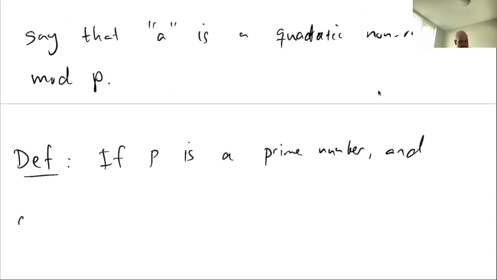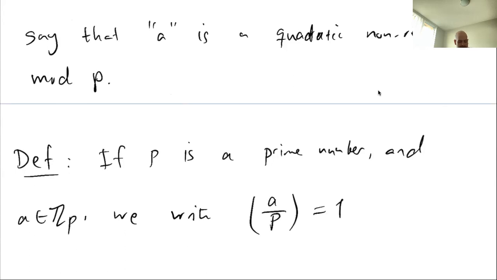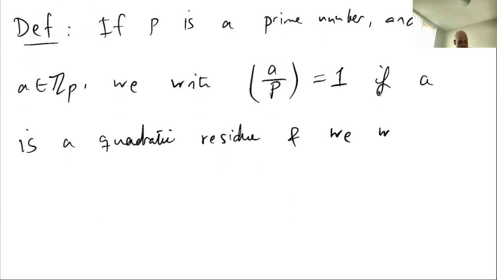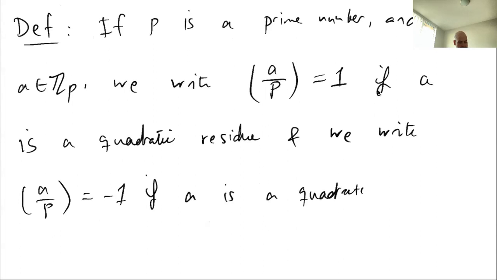Let's say a is in Zp. We write the notation a over p, in brackets, equals 1 if a is a quadratic residue, and we write a over p equals minus 1 if a is a quadratic non-residue.